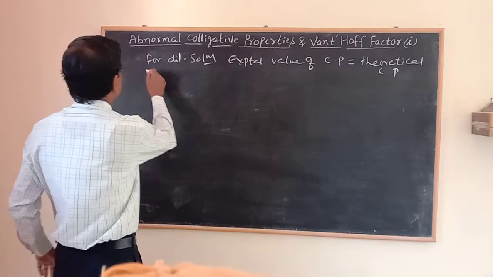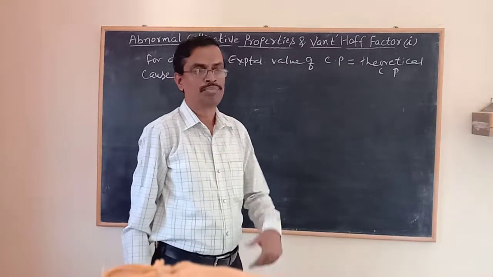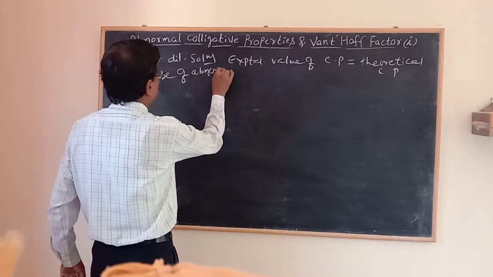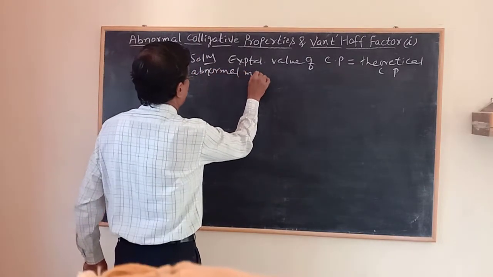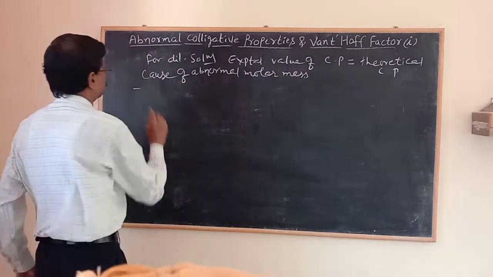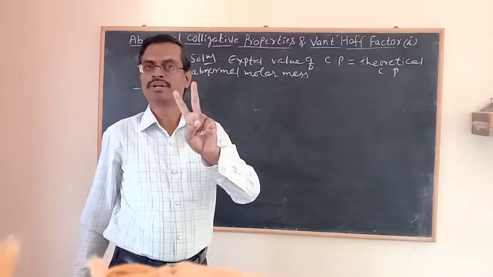Then what is the cause of abnormal molar mass? We have to study now. The cause of abnormal molar mass is due to two important factors.